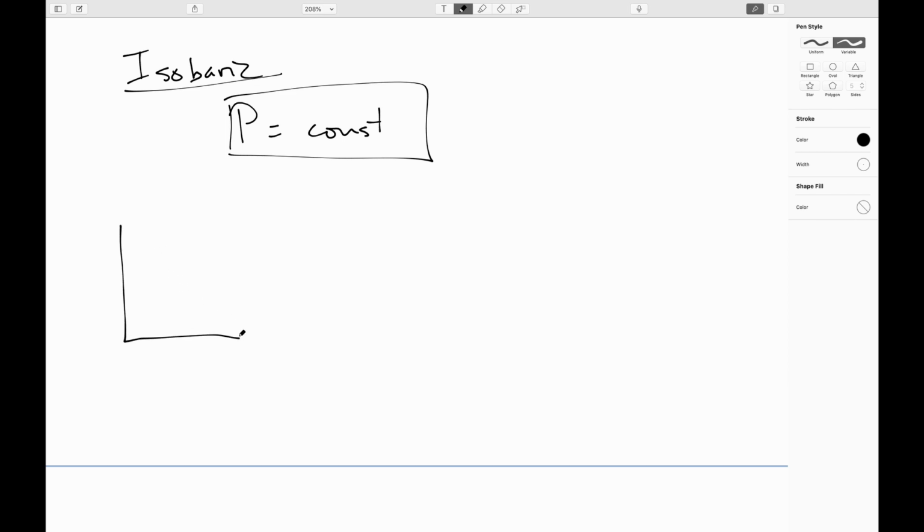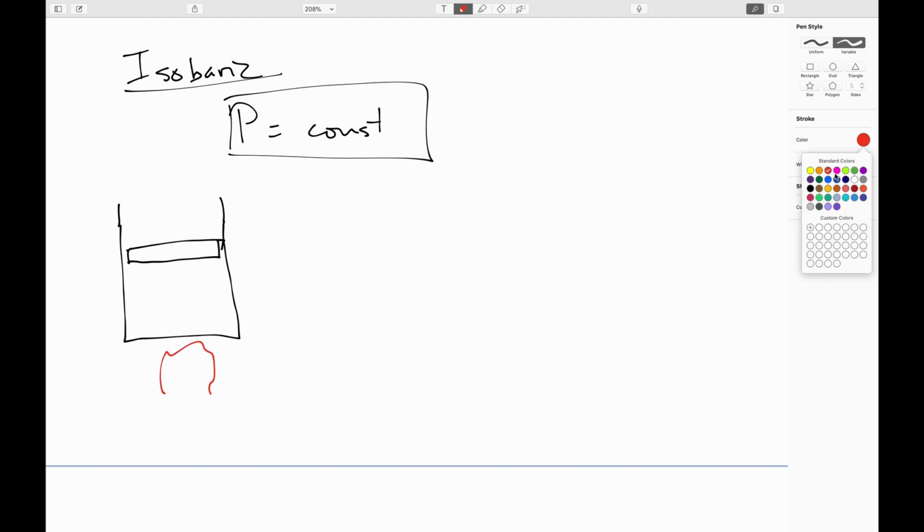So here what I'm imagining is I've got my vessel, but now I've got, say, a piston that's free to slide, and this piston has some weight. So I can go ahead and heat up the substance, as an example here. And as I do, what will happen is the average thermal energy of the atoms will increase.